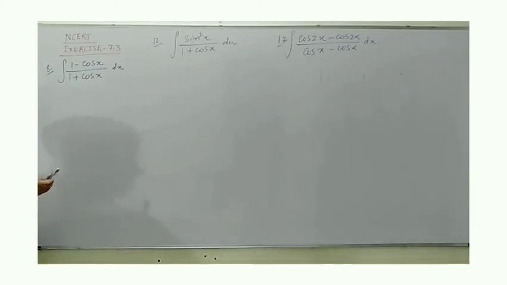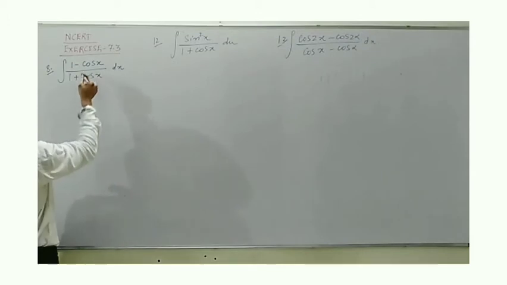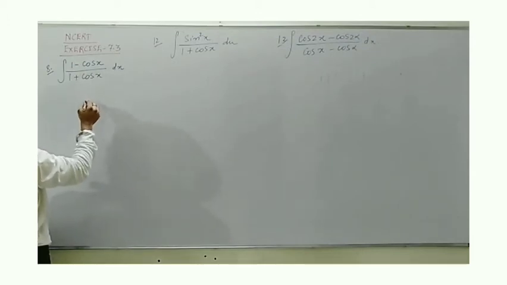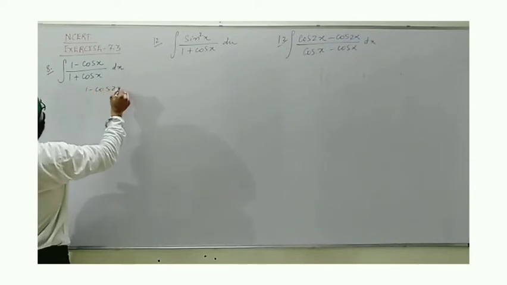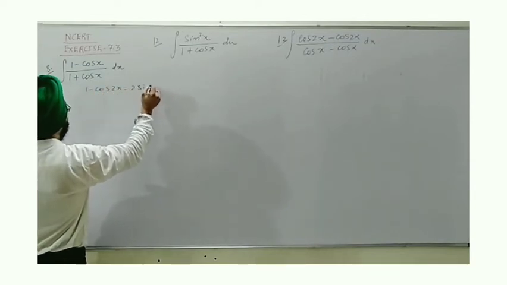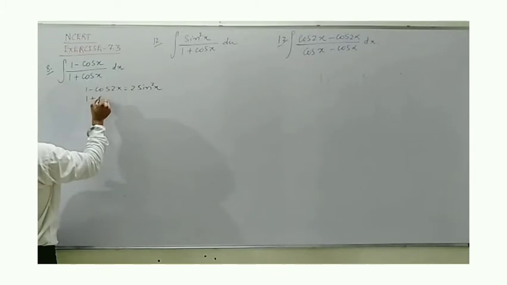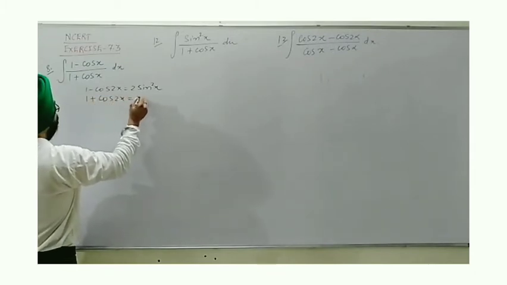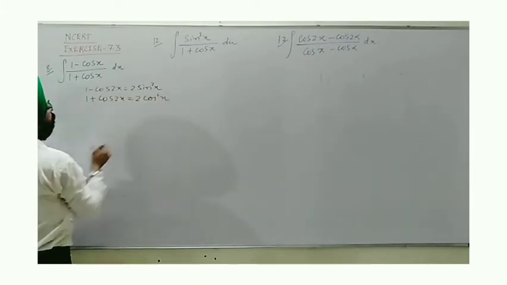As I said, two methods are applicable. One thing which I want to introduce: first I will use this method. Here we know that 1 minus cos 2x is equal to 2 sine square x, and 1 plus cos 2x is 2 cos square x.